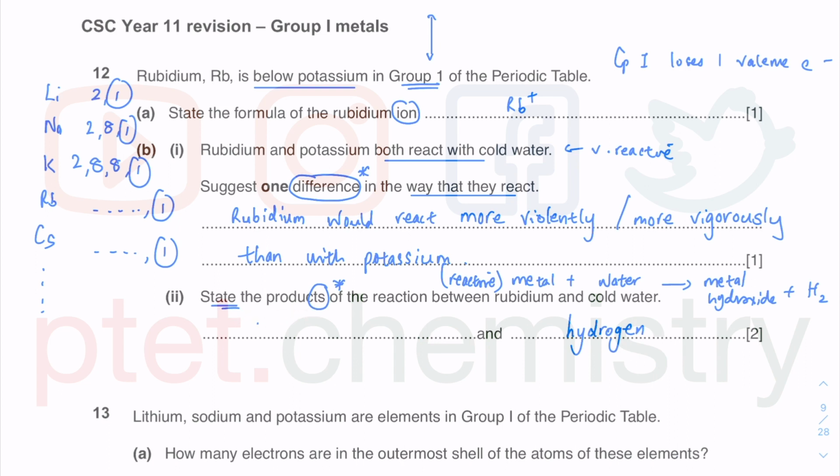So you could say rubidium hydroxide, or you could give the correct formula if you know how to get to the correct formula. That would have been alright as well. Because of Rb+, we have OH-, it will be RbOH. This will be H2 and not H, because hydrogen exists as a molecule.